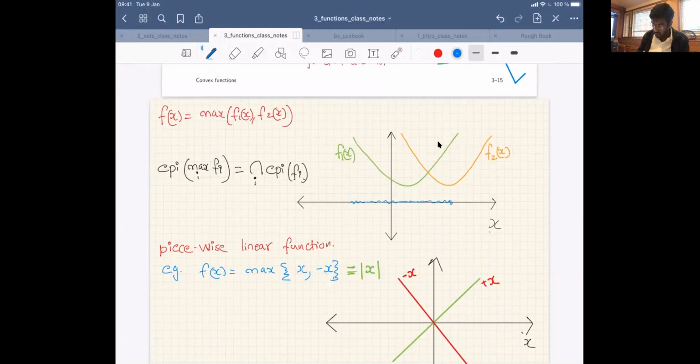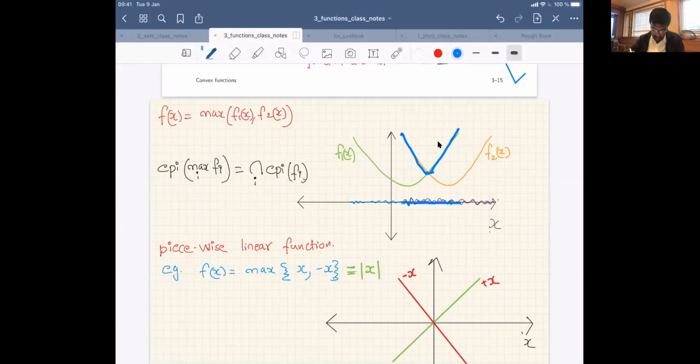Let's say the first one has a domain like this, the second one has a domain like this. So the intersection will be this, and the resulting domain will be this. And what is the value here? I take the pointwise maximum. Take each point in this domain and consider the maximum value, and then you will get this resulting function. This is the maximum of the two functions, and it is a convex function.